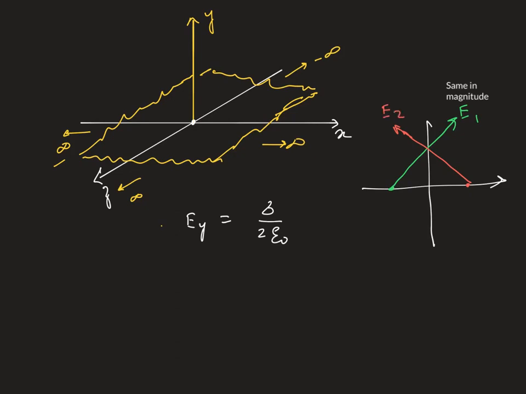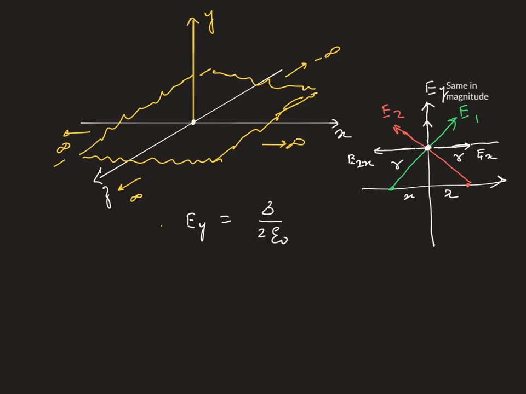Why are they the same? Both wires have the same charges and the same distance r from point P. The E1x component will be in this direction and the E2x in the other, cancelling each other out. So the only component we are left with is the y component, Ey.